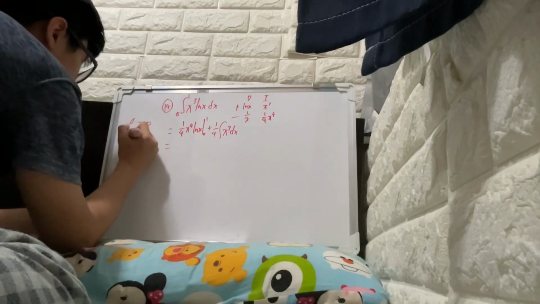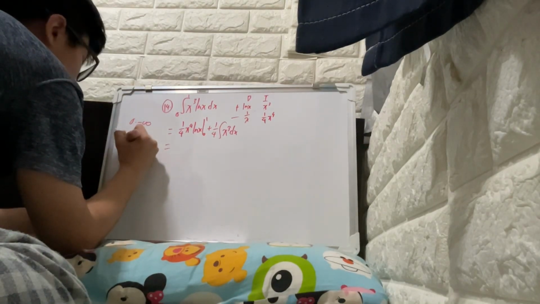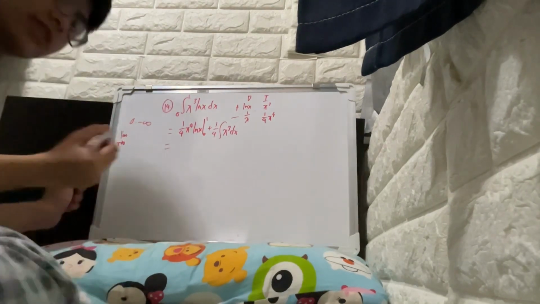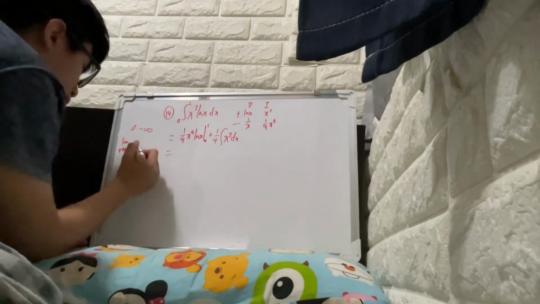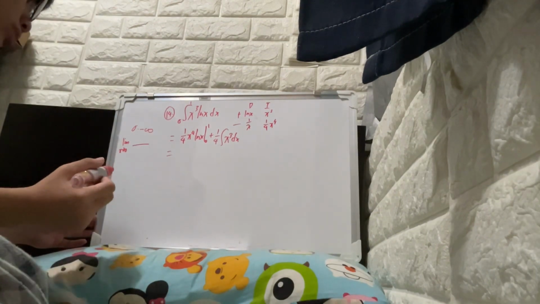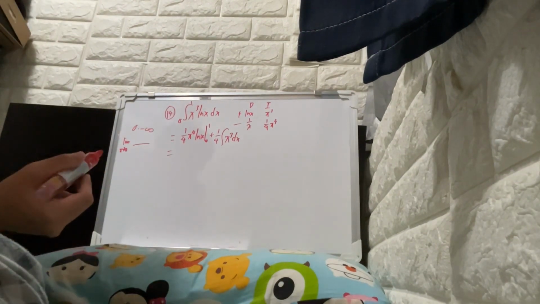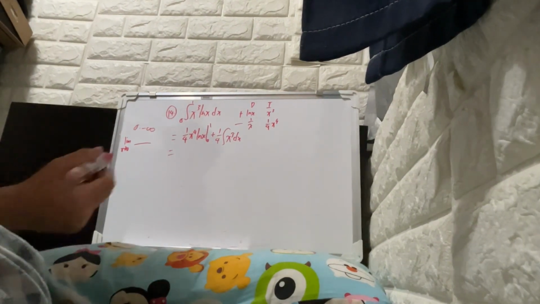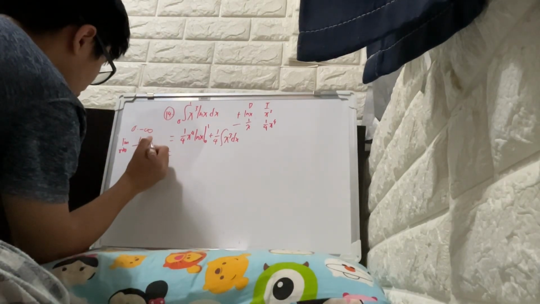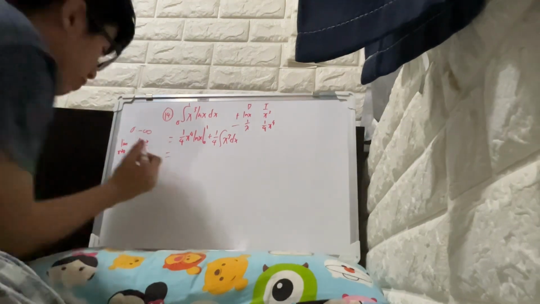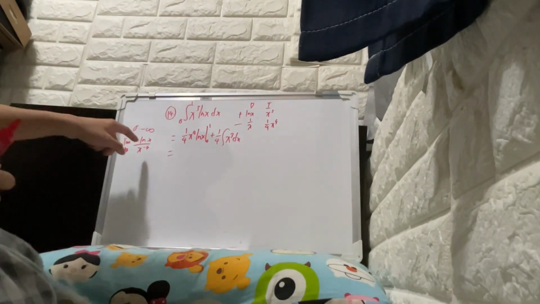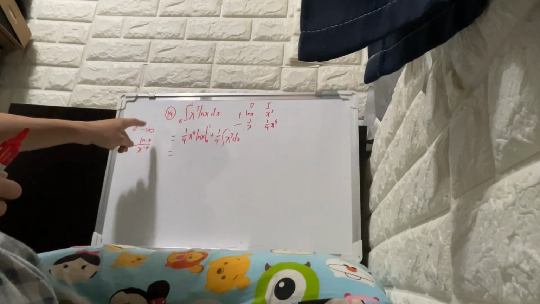We're gonna take the limit as x approaches 0, not infinity here. It should be 0, and then let me do another 1/4 here, and then we're gonna take the limit of ln x over x to the power negative 4. If you put 0 here, you get negative infinity over infinity.